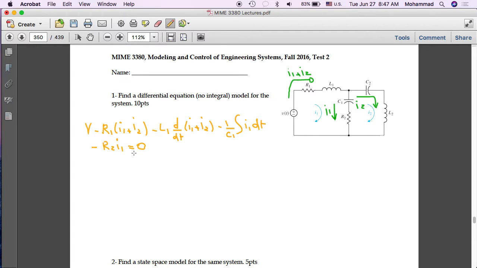That's our first loop. The second loop would give us minus 1 over C2 integral of I2 dt for the voltage drop across C2, minus L2 dI2 over dt, and then plus I1 R2 plus 1 over C1 integral of I1 dt equals 0.